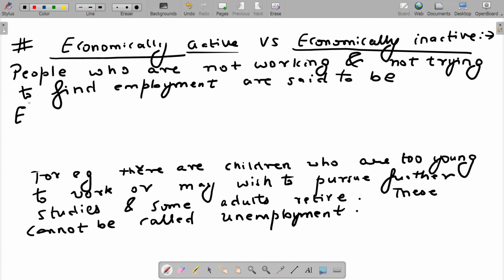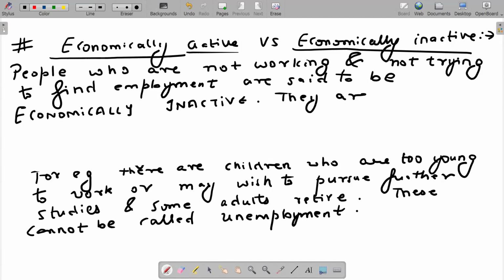They are said to be economically inactive. They are not a part of the labor force. That means the labor force will not contain economically inactive people.